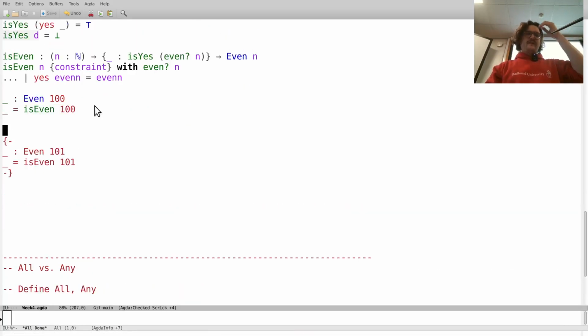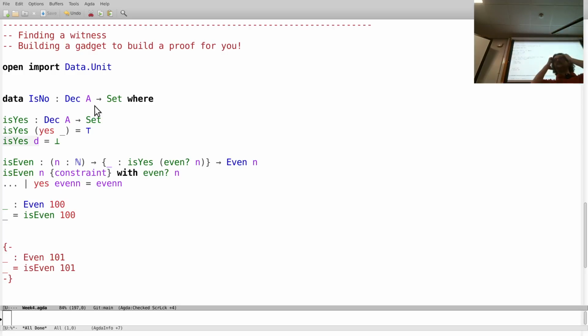So this is a very general principle that's called proof by reflection. The idea is that you're running a computation at the type level to do a proof for you. And because enough things are concrete, the computation actually manages to go all the way through and give you an answer so that you don't have to write the proof by hand.